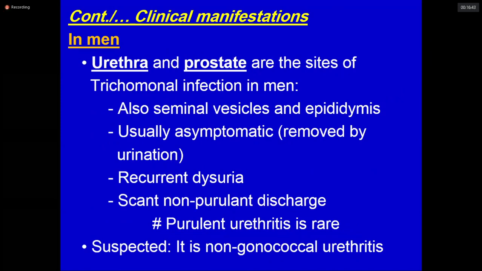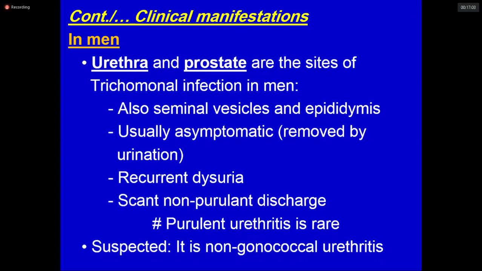In men, the urethra and the prostate are the sites where trichomonal infection occurs. So remember, in the female, vulva, vagina, and cervix, mainly. In men, urethra and prostate are the main sites.